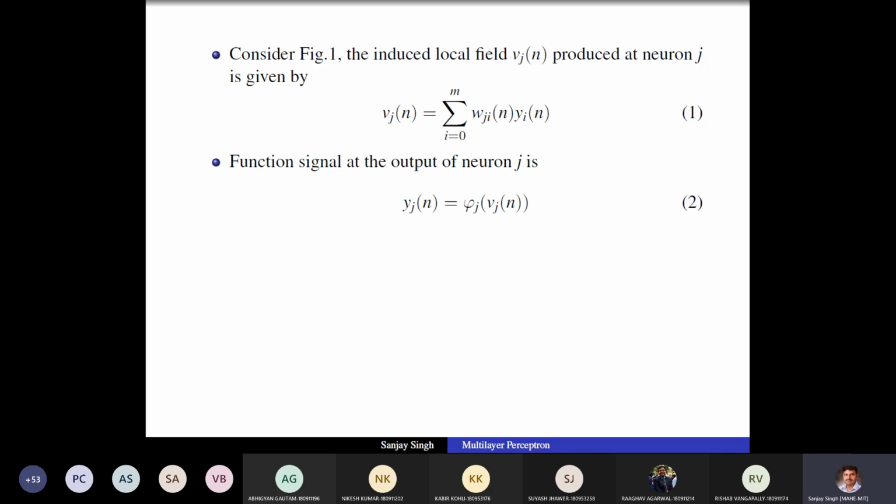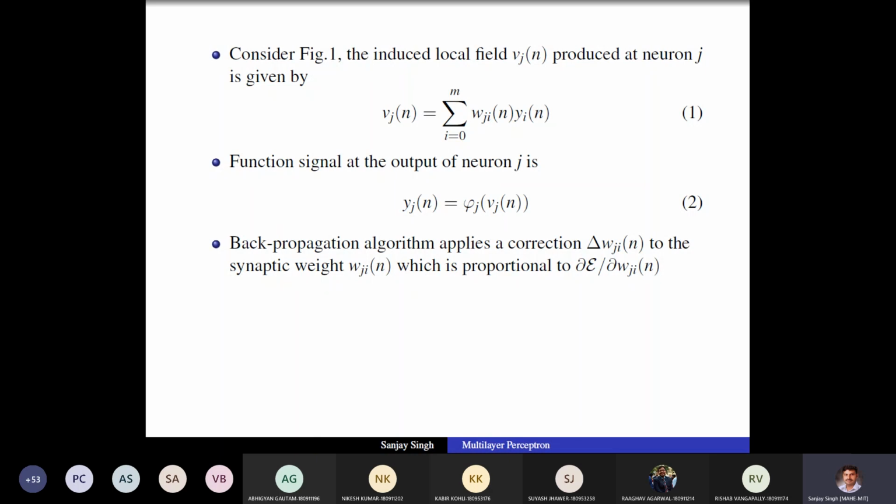Now the functional signal at the output of neuron j. Whatever comes here has to pass through the activation function. The activation function takes this local induced field Vj(n) and produces the output Yj(n), which is basically the output of neuron j. Now the backpropagation algorithm applies a correction, that is, changes to the weights.